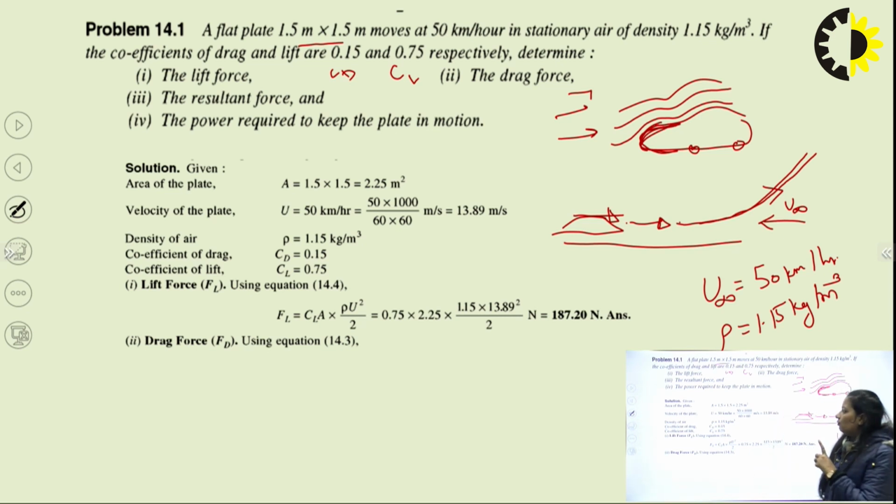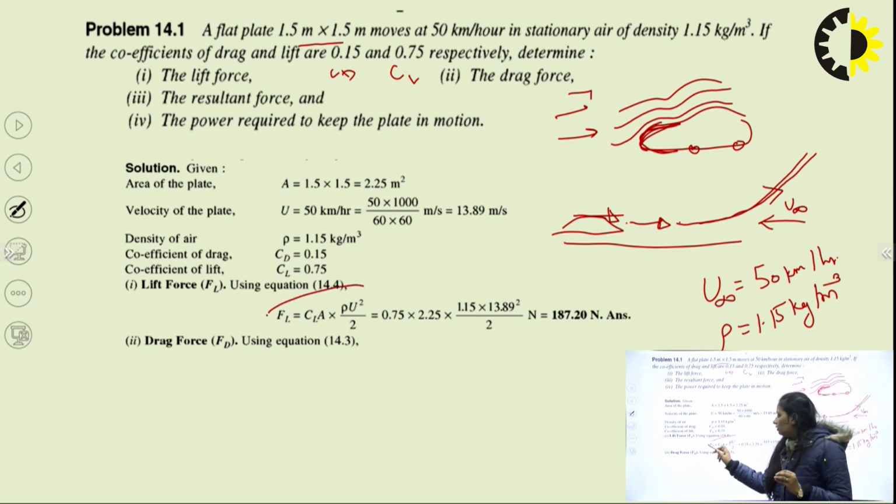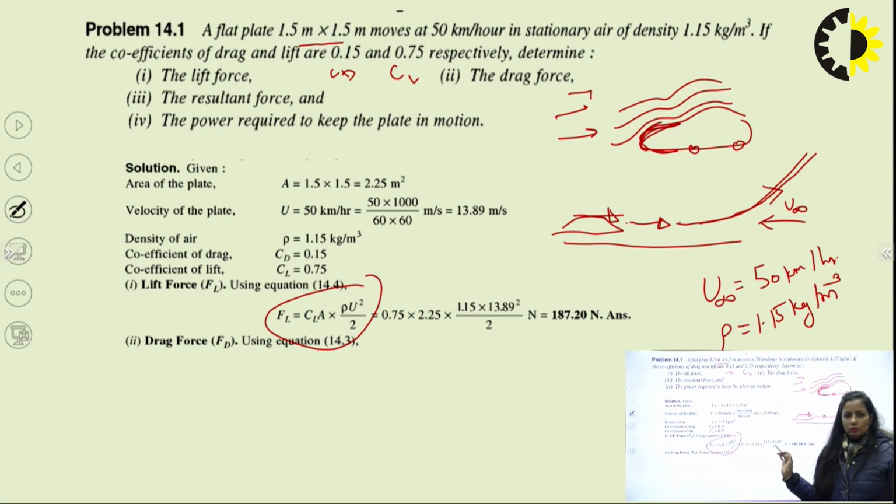So what you have to do is simply apply your equation of force. FL equals CL times area times rho u square by 2. Here CL is the coefficient of lift, area is the area of the particular object, rho is the density of the medium, and u is the free stream velocity, or simply the velocity of the medium.